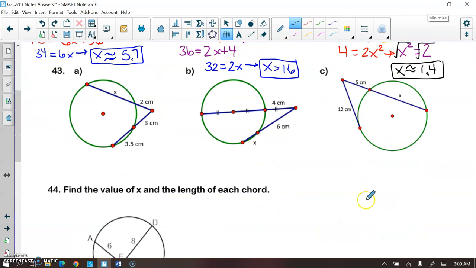Great. Next one, I have 2 secants again. So I do the outside of one of my secants times the whole secant is equal to the outside of my other secant times the whole secant.